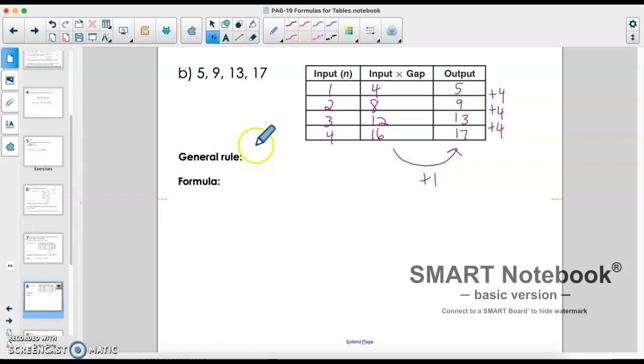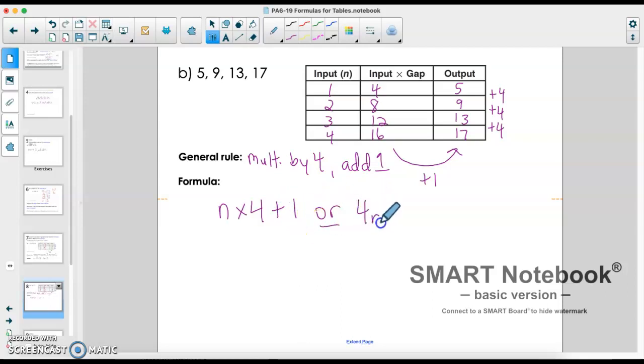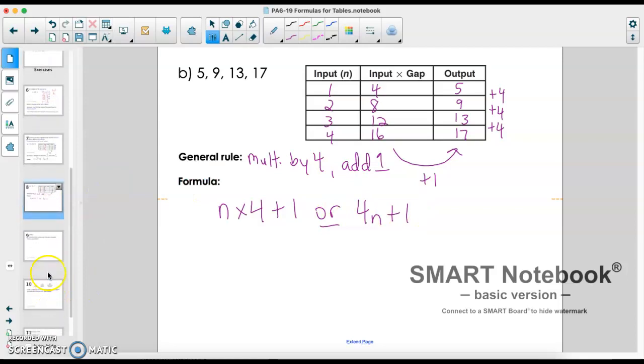So the general rule is multiply by 4, add 1, and then my formula is going to be n times 4 plus 1, or I could say 4n plus 1. And you're going to need to practice that on page 94 and a little bit on page 95, right?